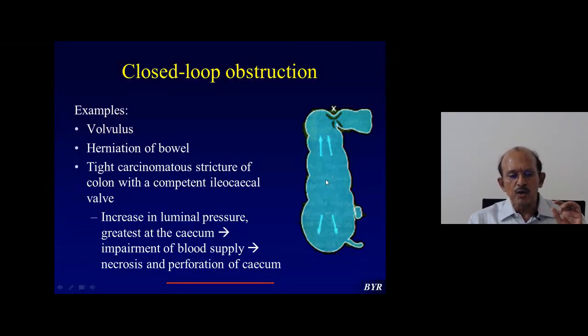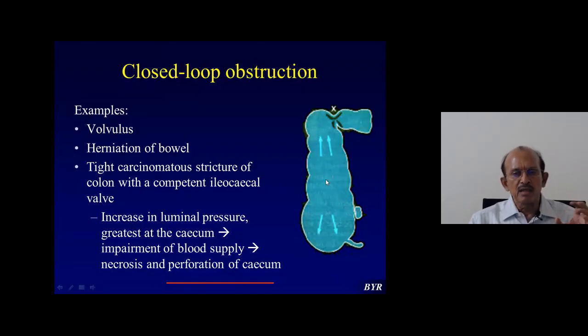And I already told you in the previous classes, wherever acute obstruction occurs in the large intestine, the cecum distends to the largest extent. The cecum distends in the beginning itself. So the cecum takes the brunt in large bowel obstruction.